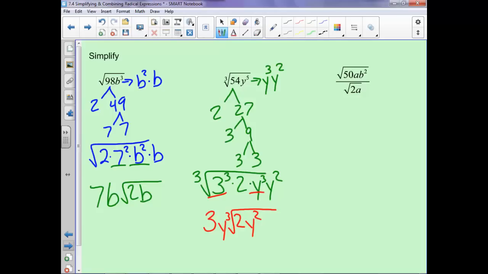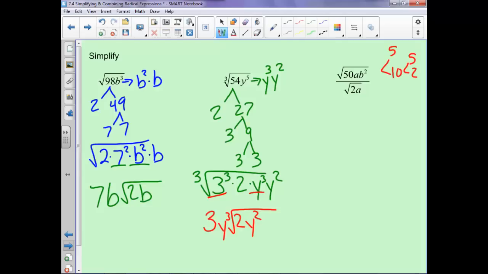On this last one, we're back to squares. And there are 2 ways we can handle this. The first way, we can get our factor trees, and notice 50 is 5 times 10, which is 5 and 2.